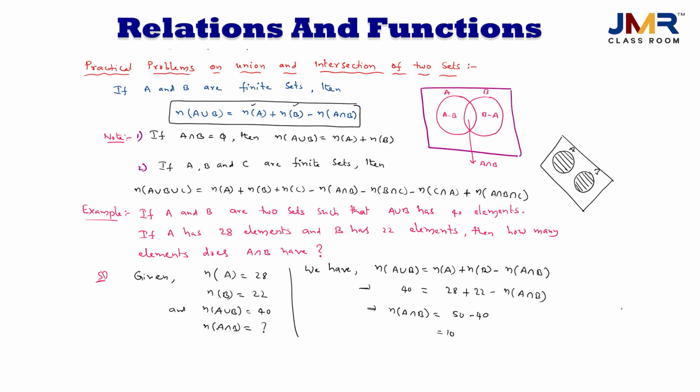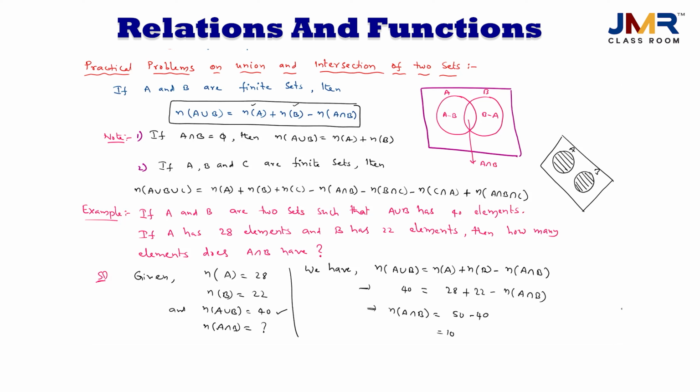Now, one example. If A and B are two sets such that A union B has 40 elements, and A has 28 elements, B has 22 elements, then how many elements does A intersection B have? Okay, so write it mathematically. A union B has 40 elements means n(A union B) equals 40 is given.